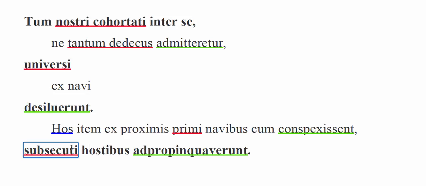That's what subsecuti means in this instance. They followed in the sense that they did the same thing. And they approached the enemy. Okay, hostibus is dative here because ad propinquaverunt wants a dative with the verb. And the dictionary will tell you that. So now all of the Romans are attacking.